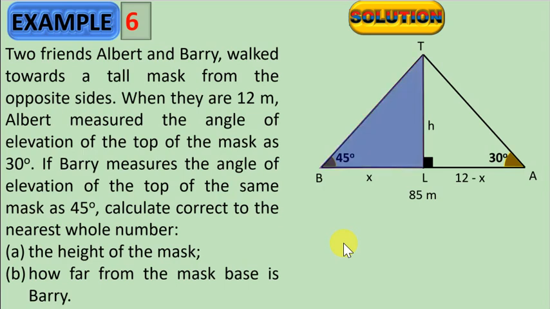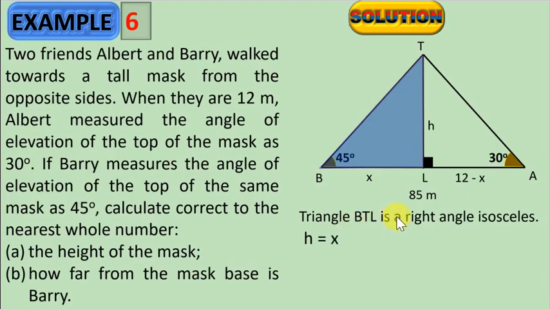So now we're going to take this side, and this is 45, this is 90, then this angle is 45. It then means that the h is equal to x, because this triangle is what? A right angle isosceles triangle. So h is equal to x. So now, using the other side of the triangle, we can now find the value of x and h.